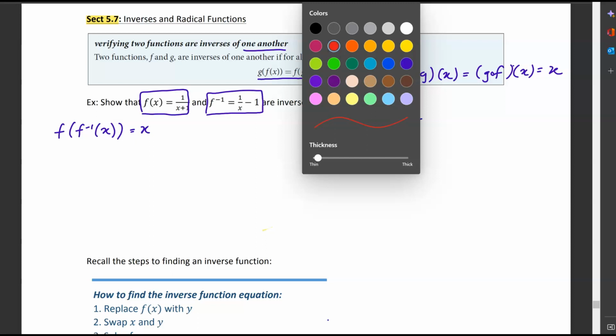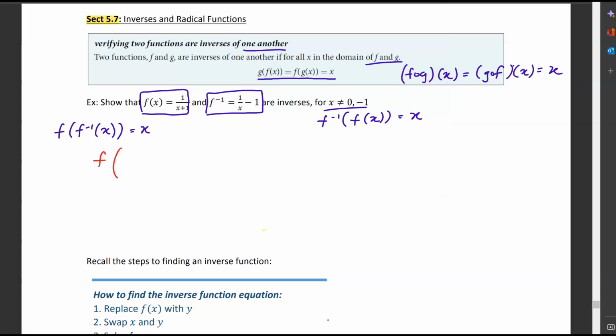So here's our f of x, and we're going to plug in f inverse, which is 1 over x minus 1. When we plug this in, we're going to get 1 over x minus 1, plus 1.